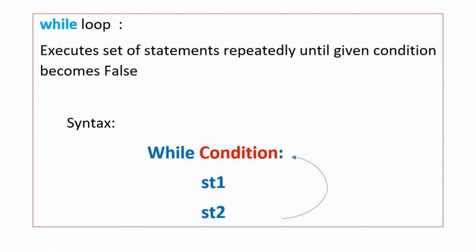This means, whenever you are running the program, the while loop first checks the condition. When the condition becomes true, it executes the set of statements. After that, again it will go back and check the condition. It will not go to the next line. After finishing all the statements in the while block, again it will go back and check the condition.